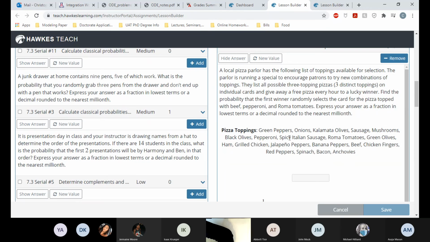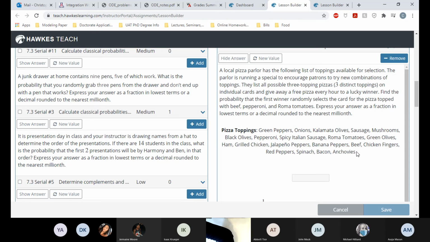Well, we count them up. 1, 2, 3, 4, 5, 6, 7, 8, 9, 10, 11, 12, 13, 14, 15, 16, 17, 18, 19, 20. 20. And we want to pick 3 from the group. Does order matter?